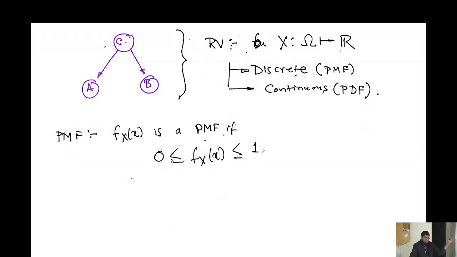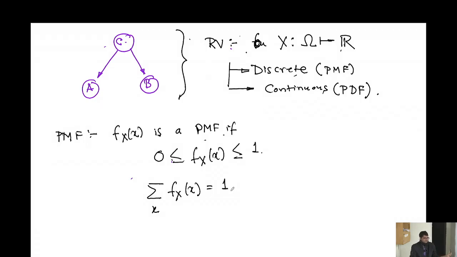If this is the range, then it's the first property. It is between 0 and 1. And second one is sum over all values it can take, this is equal to 1. Okay. If these two properties are satisfied, any function that satisfies these two properties is a PMF.